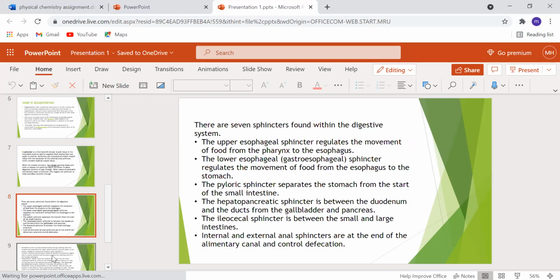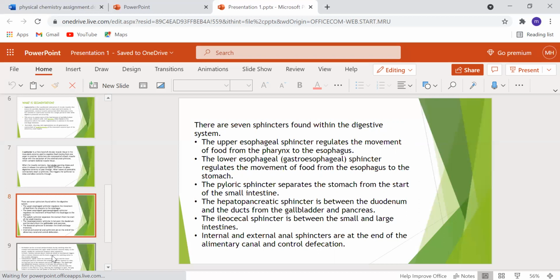So there are 7 sphincters found within the digestive system. We will discuss them. The upper is esophageal sphincter in our esophagus, which regulates the movement of food from the pharynx to the esophagus. In our mouth, there is pharynx.